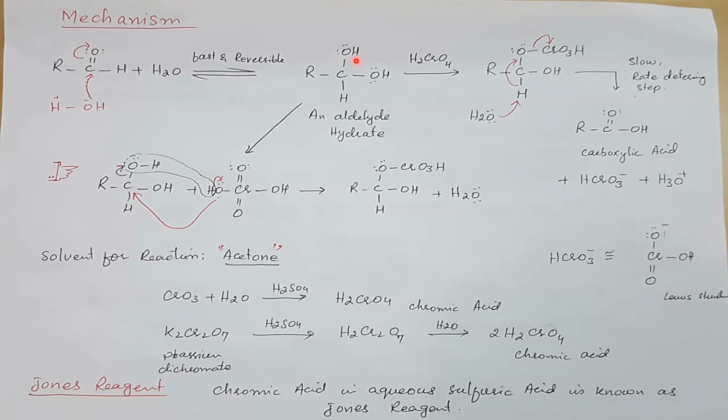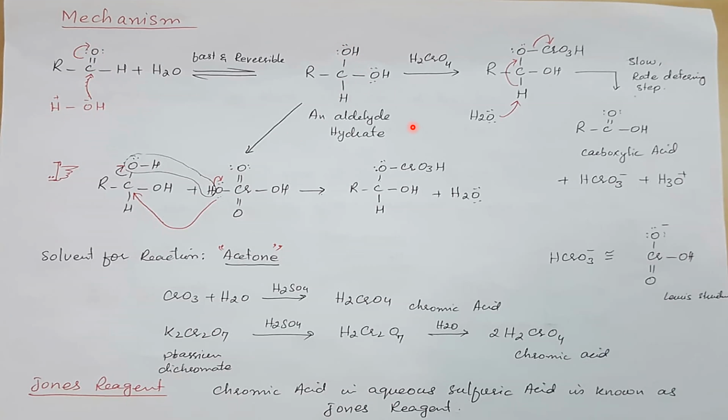So now this oxygen is protonated with this H positive, and this hydroxyl ion has attached to that electron deficient, electrophilic carbon. Now this is the OH, this is OH, and this is the H which was initially attached to this aldehyde group, right?